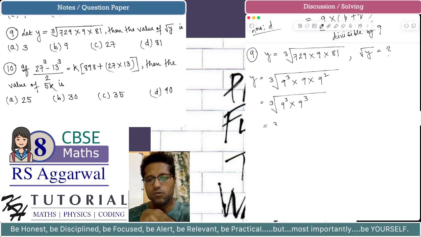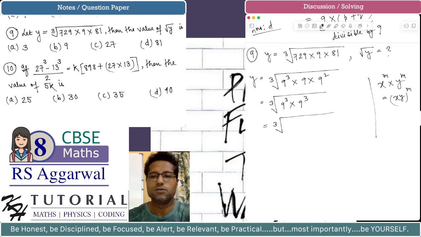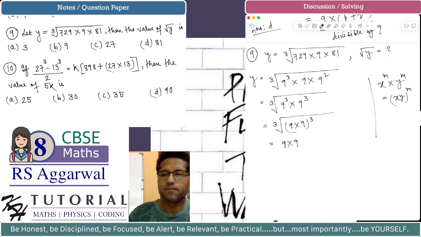Using the laws of exponents, x to the power m multiplied by y to the power m is equal to xy to the power m. So we have 9 multiplied by 9 whole cube.